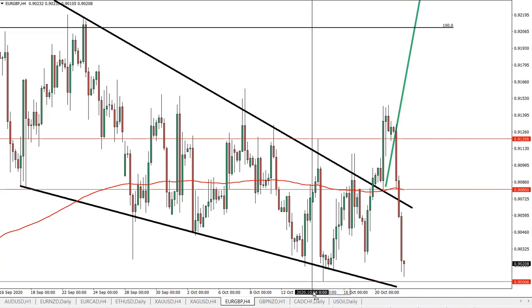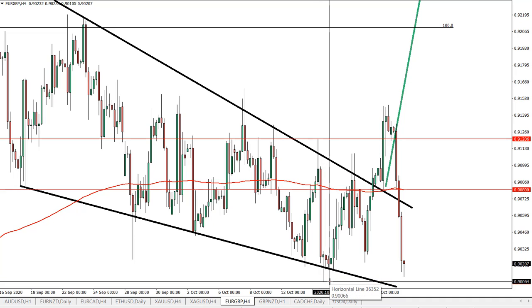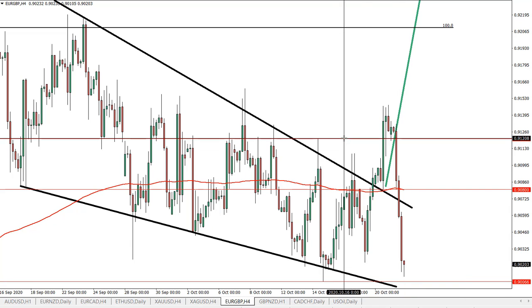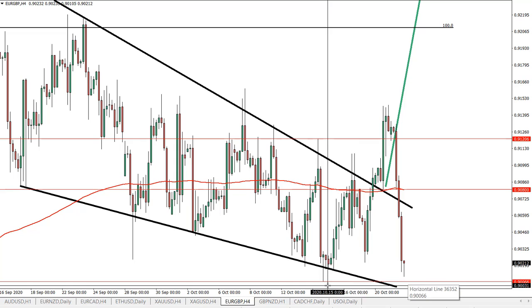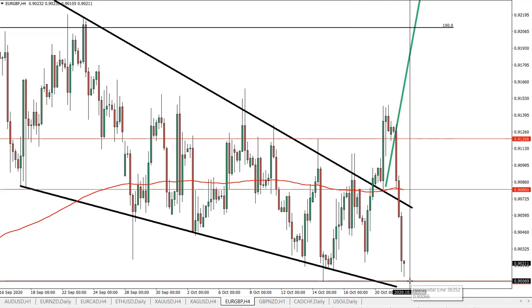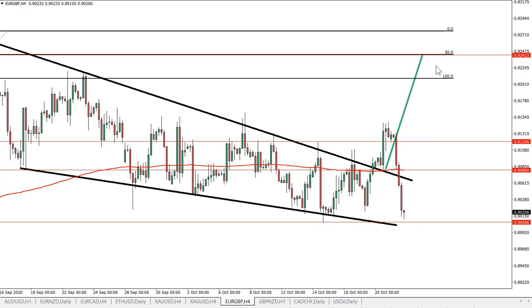So as long as this low is respected, and I mean there could be spikes, we just need to see that there are no 1 hour and 4 hour break and close below. Spikes are possible on 1 hour and 4 hour, but if there will be a closing price below, then it's invalidated. Still, I'm expecting this move to the upside if this support holds.